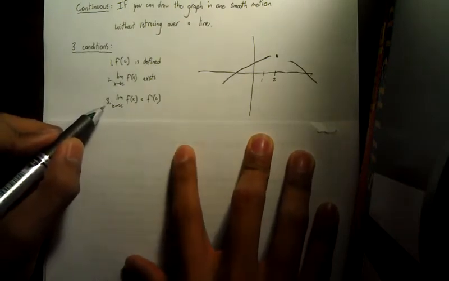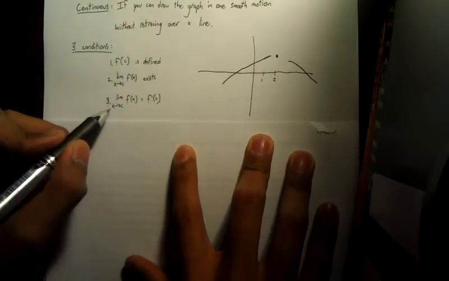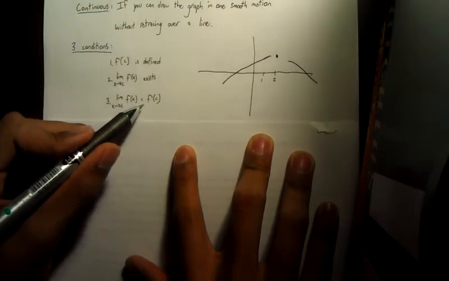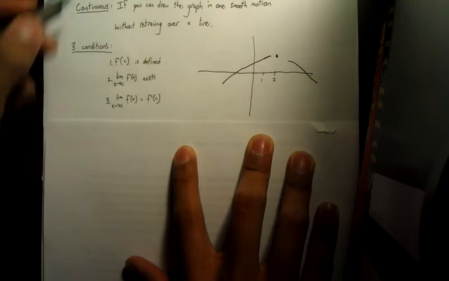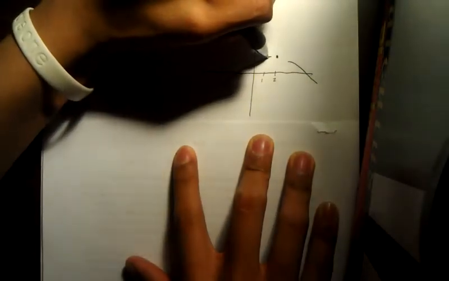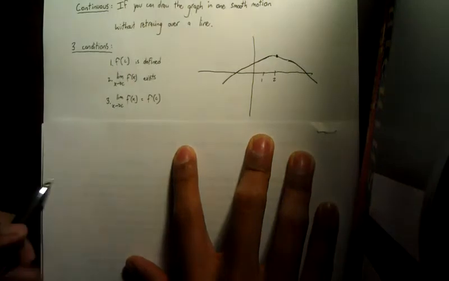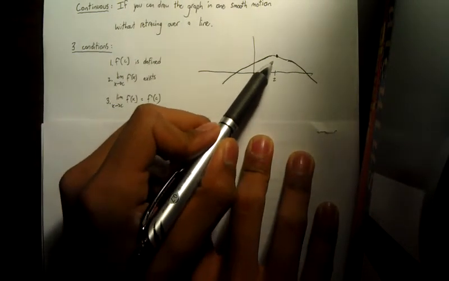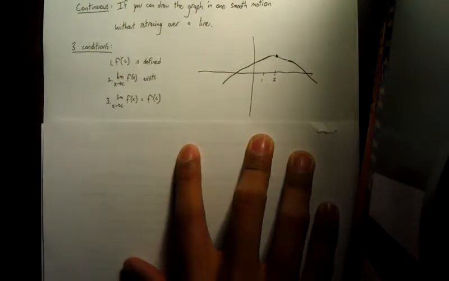And then number 3, the limit as x approaches c of f of x is going to equal f of c, which you defined in number 1. So that just means that the graph is going to run through that point. And then you can now say that this function is continuous at x equals 2.